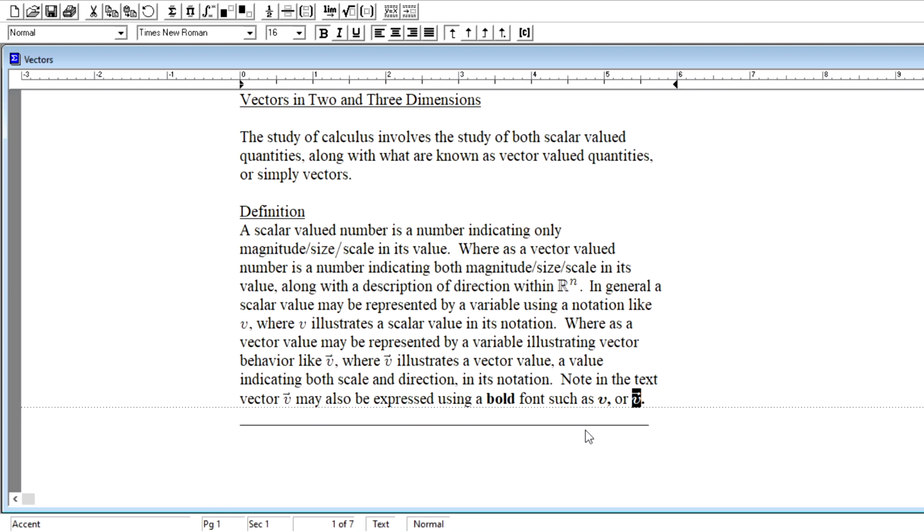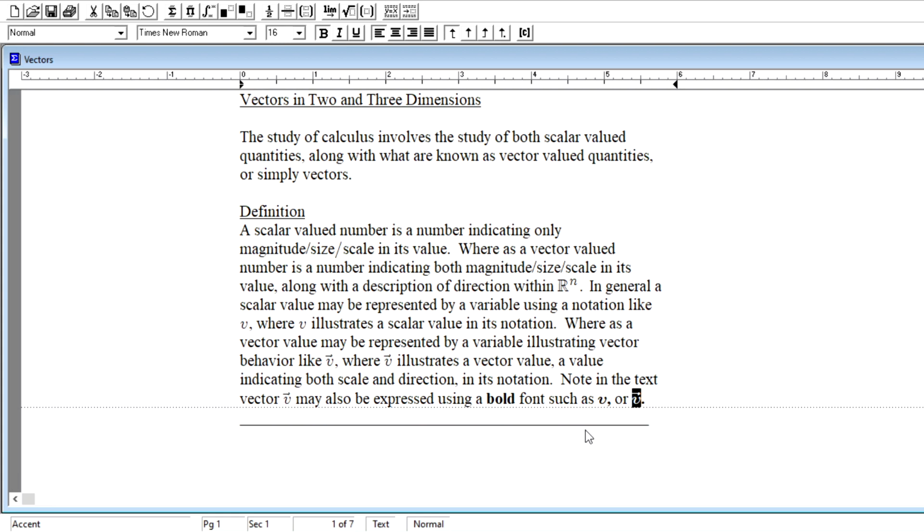That force has a particular magnitude and a particular direction when we move out into n-dimensional space. These are instances where we might consider using vector valued functions or vector values in their descriptions, and vector valued functions to describe these scenarios in a more general context, right?